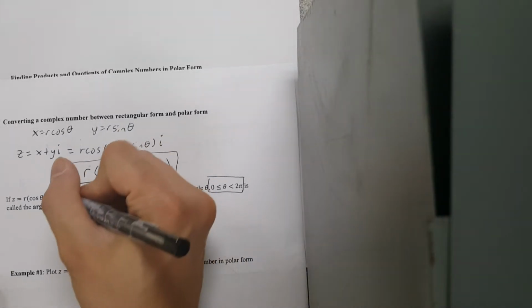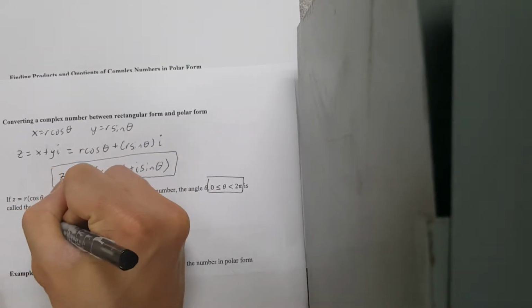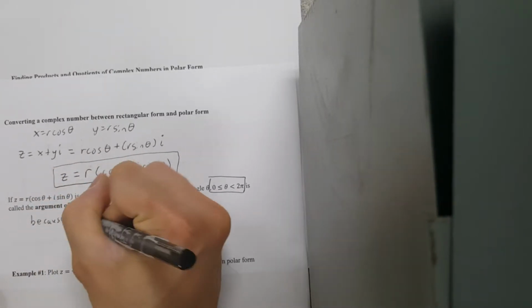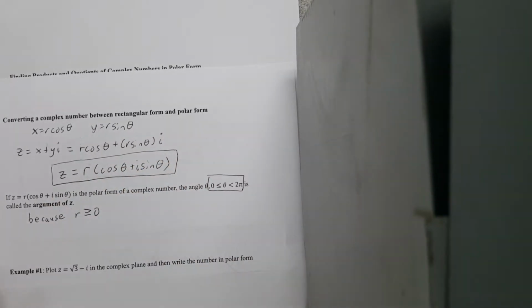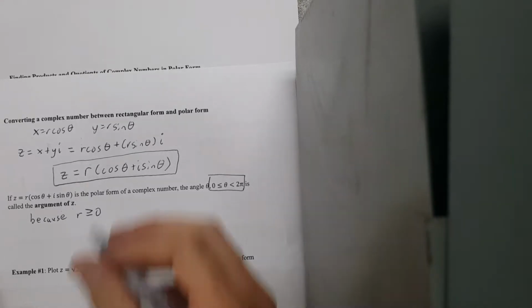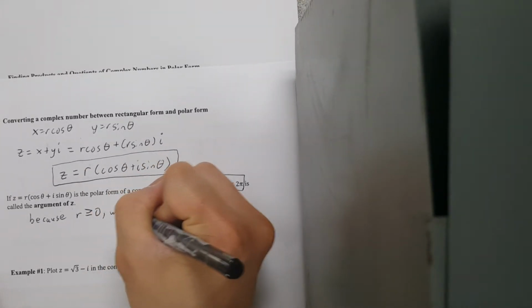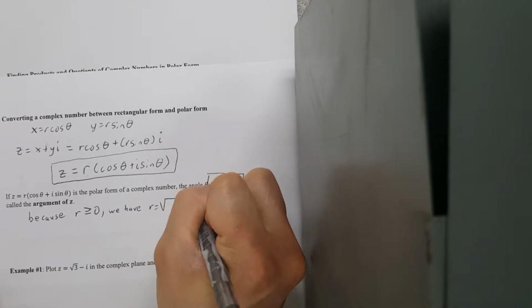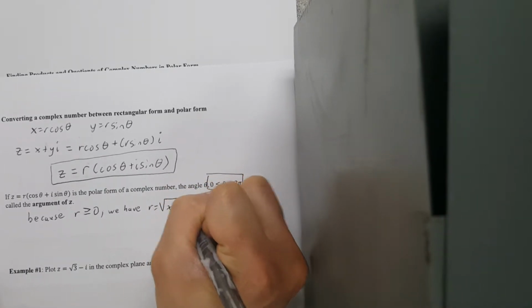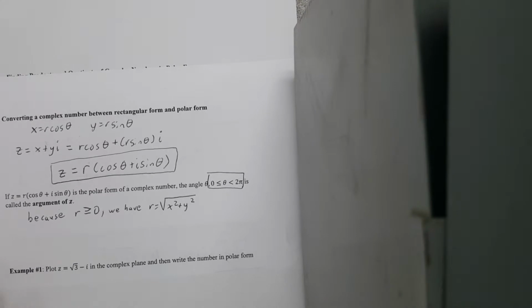Also, because r is greater than or equal to 0, we have r is equal to this. And this is actually something I was talking about on the front page.